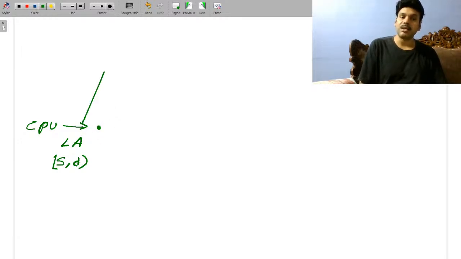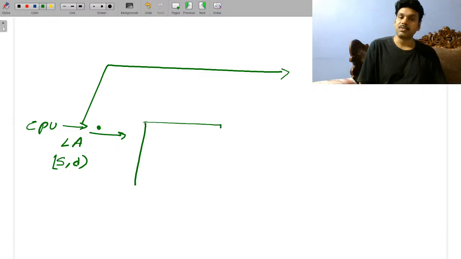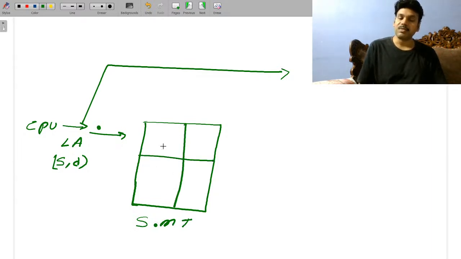So this D will go away to that side. Now point to the segment map table. It checks first of all whether the particular segment is available or not. So first we verify your first attribute, that is the segment number.